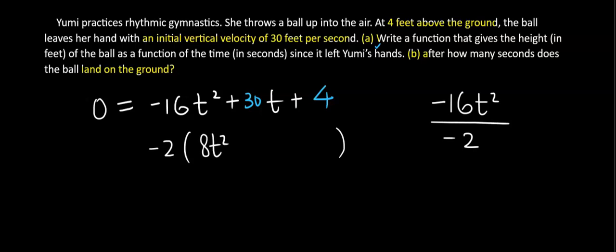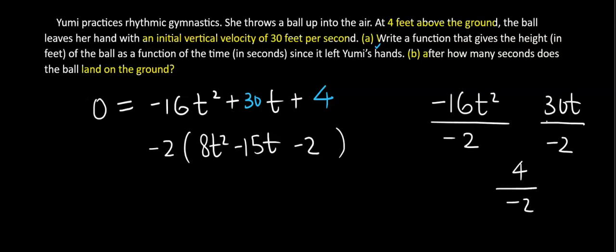Remember, this is division. Next one, 30t. Factor out -2, 30 divided by -2 is -15t. 4, factor out -2, is -2. And copy down the rest. Now we can get rid of -2 immediately by dividing both sides by -2.